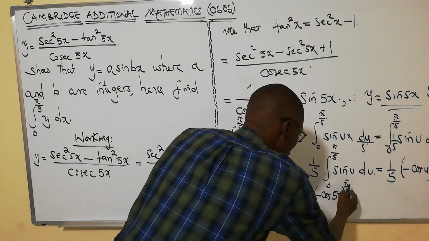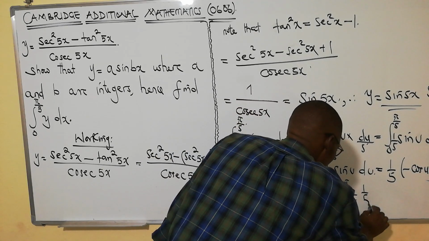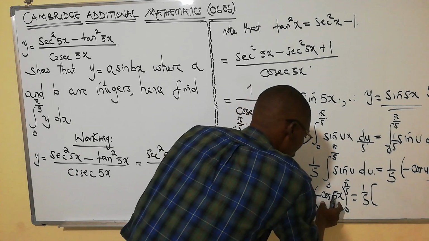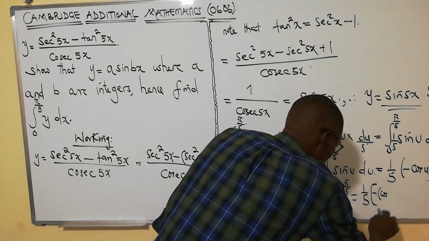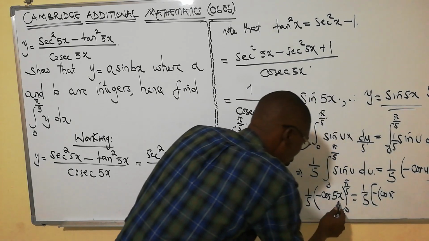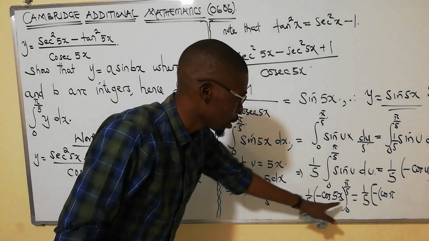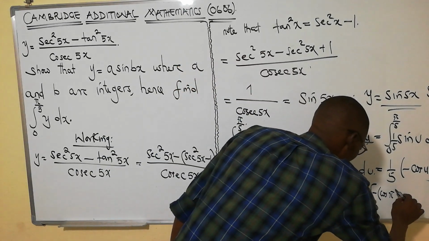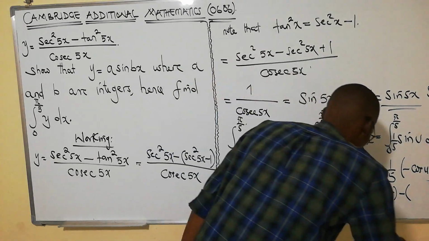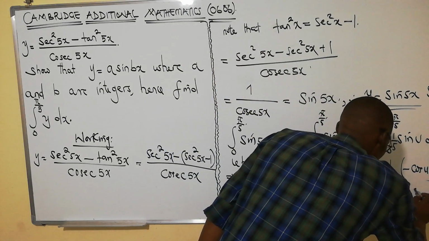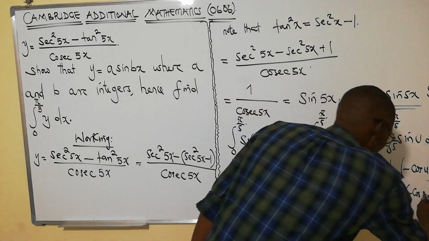When you substitute pi over 5, we get 1 over 5 times negative cosine pi, because 5 times pi over 5 gives pi. Minus, when you put 0 where there's x, negative cosine of 0.